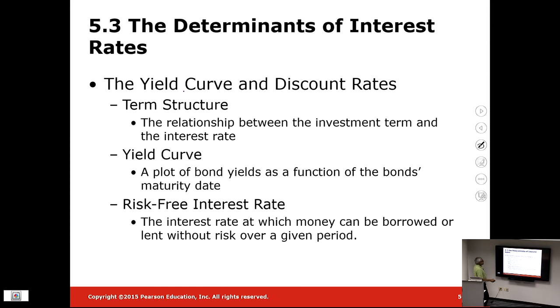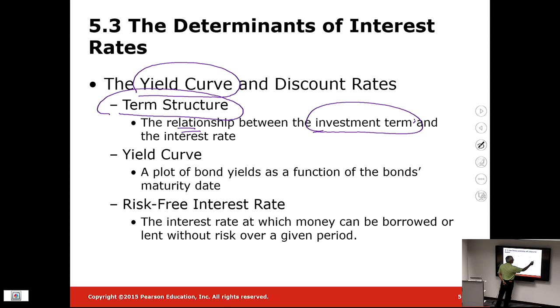The next thing we want to talk about is what is called the yield curve. The yield curve is based on an idea of what is called the term structure. And the term structure simply tells us that there is a relationship between the length of an investment, the investment term, and the rate of interest.